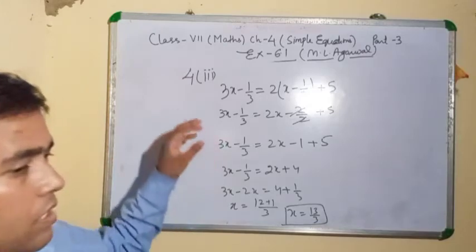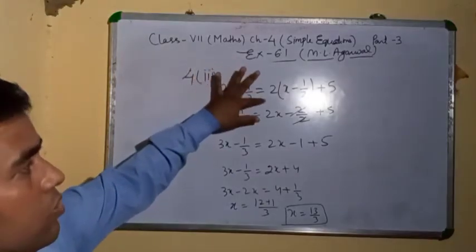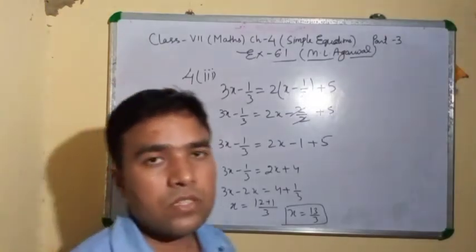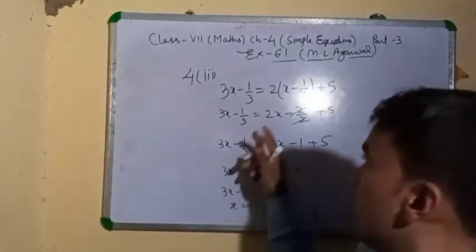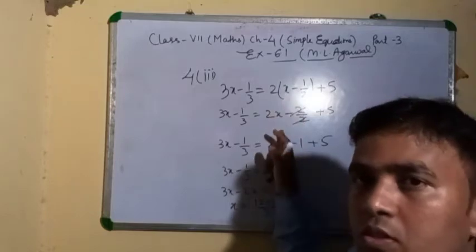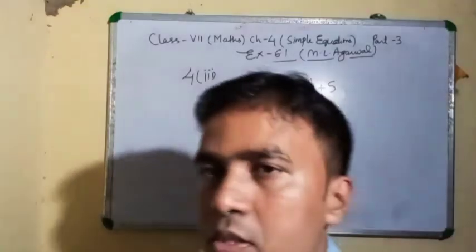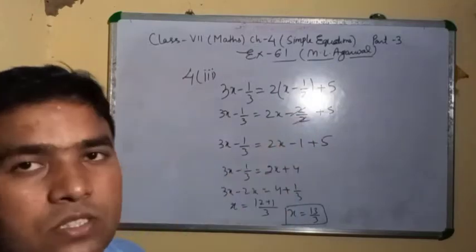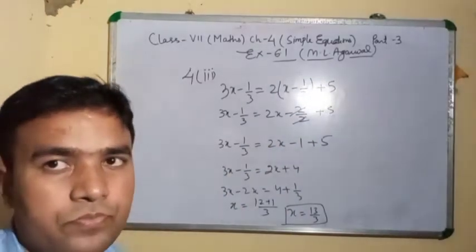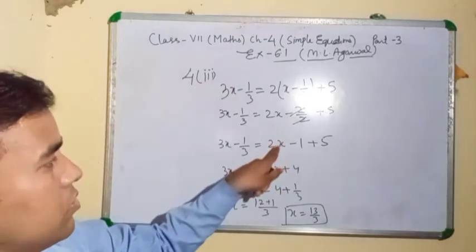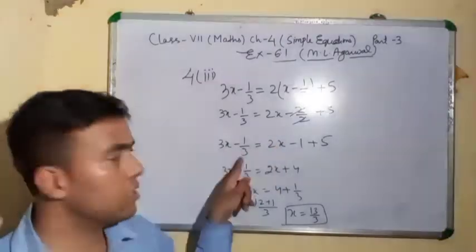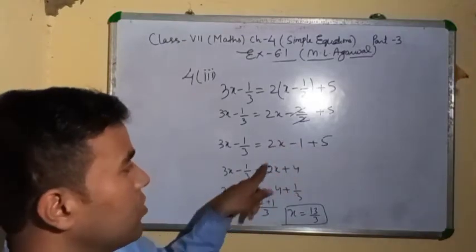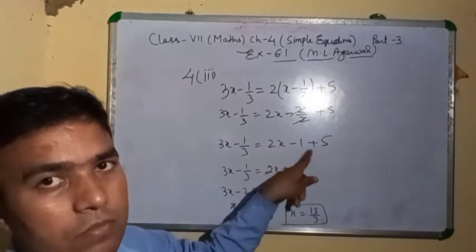So this question is also 3x minus 1 by 3 equal to 2 in bracket x minus 1 by 2 plus 5. First of all, you will solve the bracket. Here 2 into x, 2x, 2 into 1 by 2 means 2 by 2, plus 5. 2 cancels, minus 1. 3x minus 1 by 3 equal to 2x minus 1 plus 5. 3x minus 1 by 3 equal to 2x plus 5 minus 1, 4.